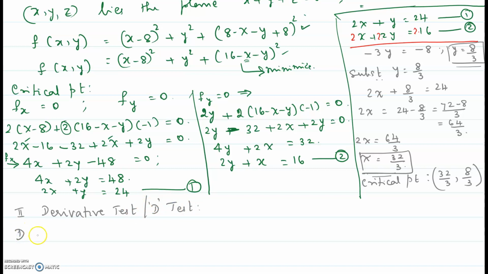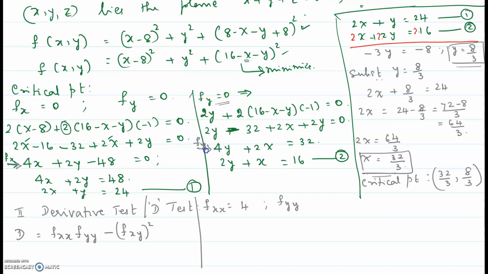So we'll compute D, which is f_xx, the second order partial derivative with respect to x, times f_yy, minus f_xy, the whole squared. So here we know already f_x from this line, the left hand side is all f_x. So f_xx would be 4. Same way f_yy would be, so it's going to be this line, which is f_y, because that's what we are setting to 0.